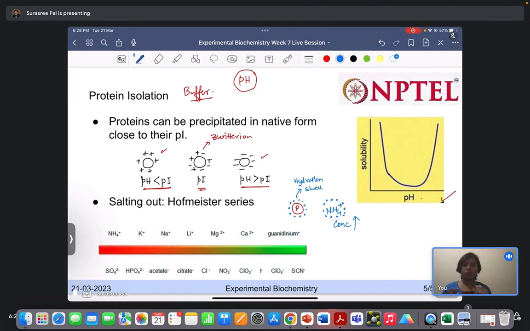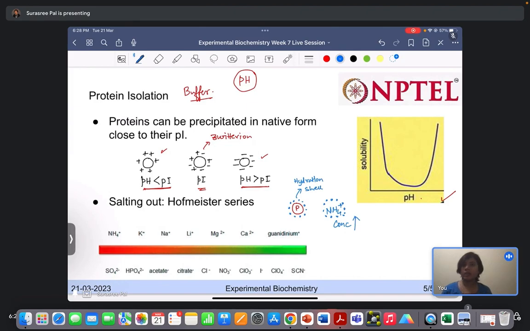So when more and more water molecules are drawn away from the protein, the hydrophobic patches of the protein become exposed. Since the water molecules are drawn away, the polar interactions of the protein reduce and the non-polar interactions become more prevalent.